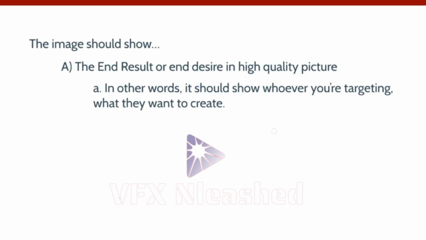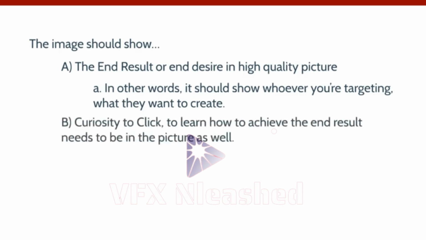They're going to click it because they want to know how to create that yummy chicken parmesan dish. So that in itself is the end result. So you don't want to choose any image, you want to choose the right image, if that makes sense. Second of all, you need to build curiosity to click, to learn how to achieve the end result. So in other words, that needs to be in the picture.